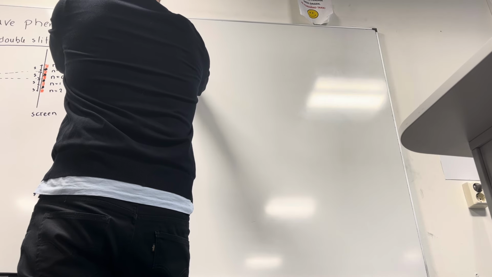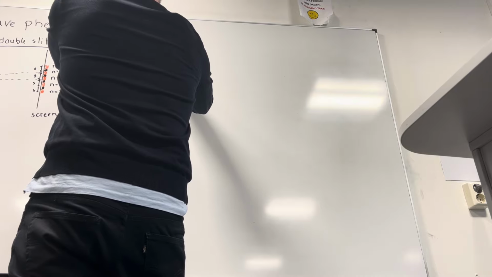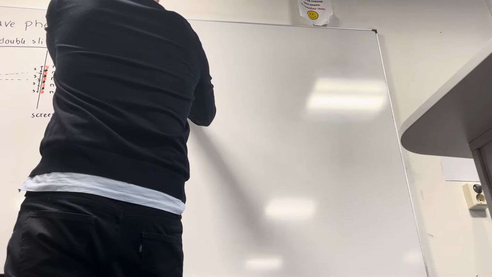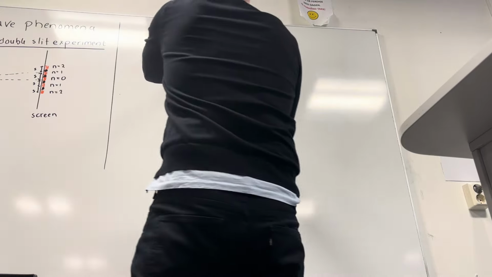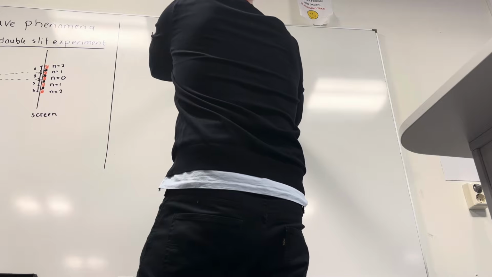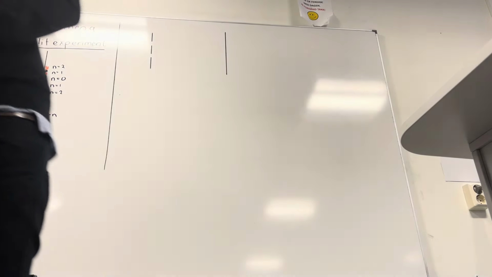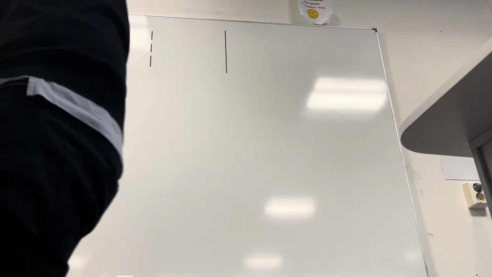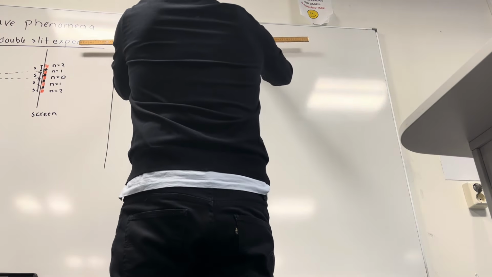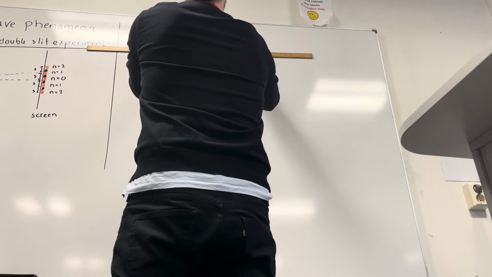I'm going to draw two new diagrams to explain this. So I have the screen here. I take my red marker and for simplistic reasons, I choose this to be the midpoint here.